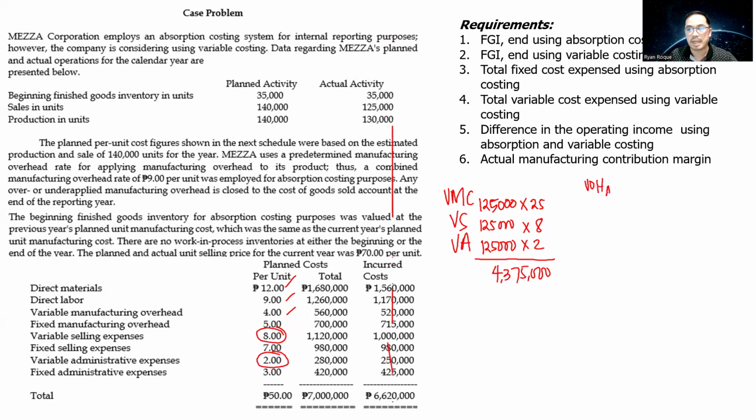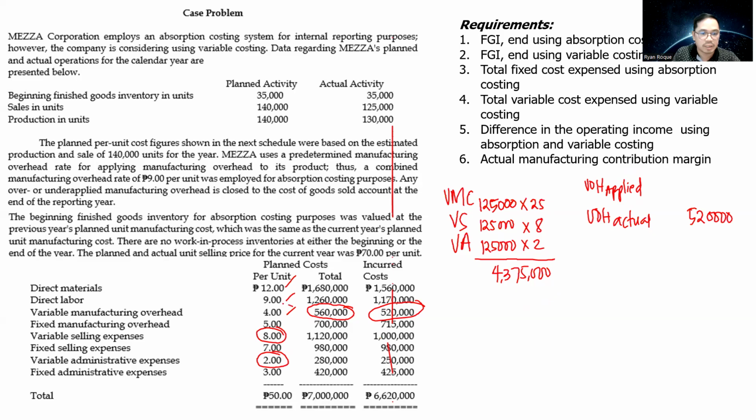So the VOH applied versus the VOH actual. Yes, VOH actual is 520,000. But how much VOH was applied? It says here the planned VOH to be incurred is 560, but we always have to consider it should be the VOH rate times the actual level of activity.